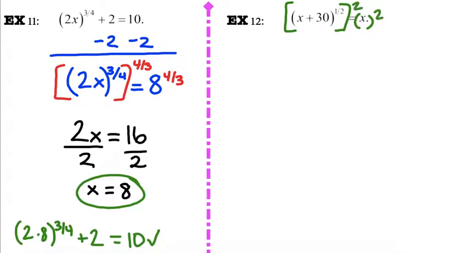When I do so, the parentheses fall out on the left, leaving me x plus 30 equals x squared. Since I have an x squared, an x, and a 30, we have to move everything to one side and set it equal to 0 so we can solve it. Since x squared is positive on the right, I'm going to move everything to the right-hand side. So I'm going to subtract over my x, and I'm going to subtract over my 30.